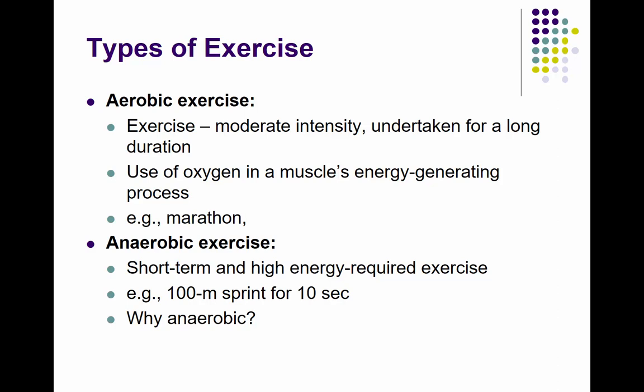So the muscle needs to, in order to keep the intensity, have different types of fiber join in and use a different type of energy source to maintain the intensity of the exercise. Does that make sense?